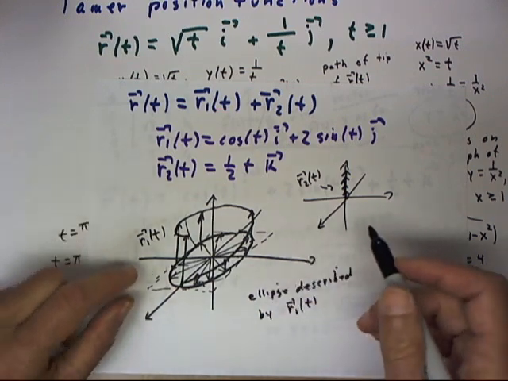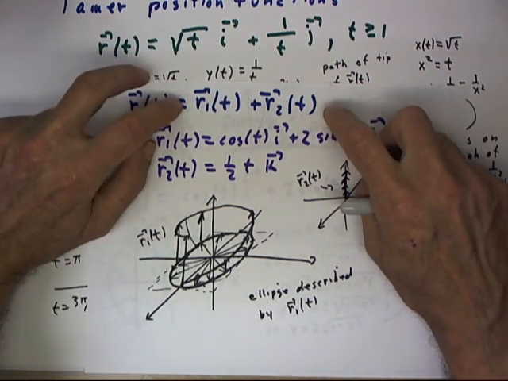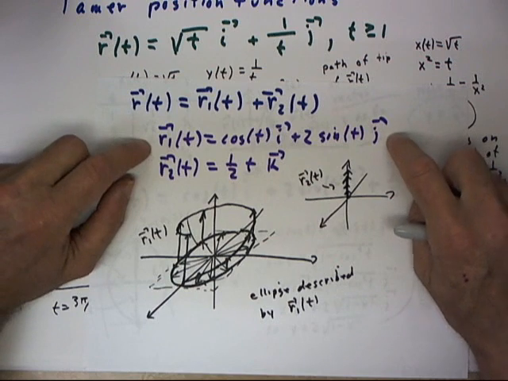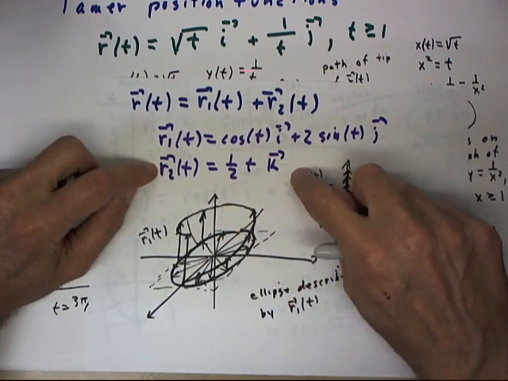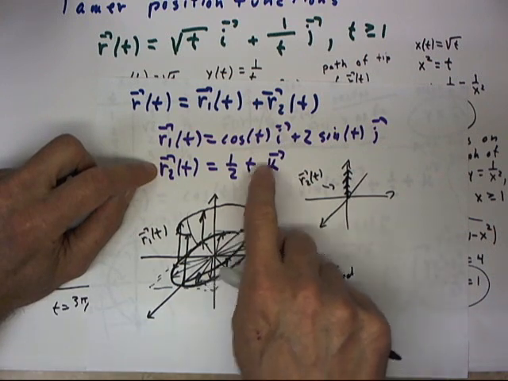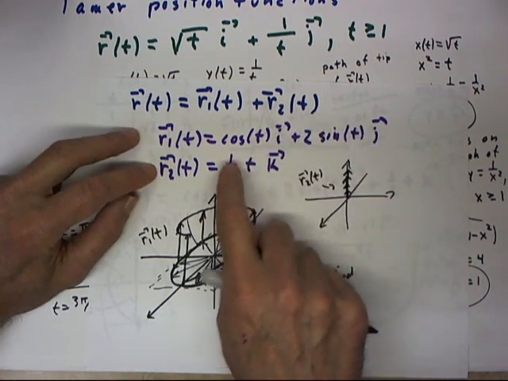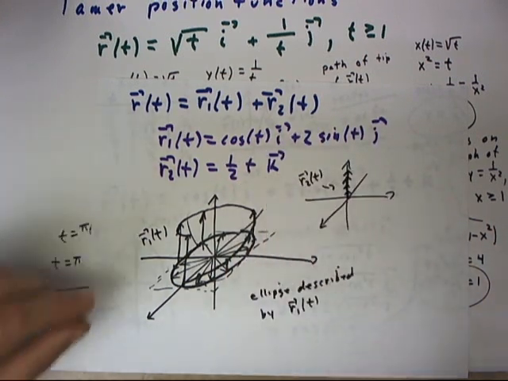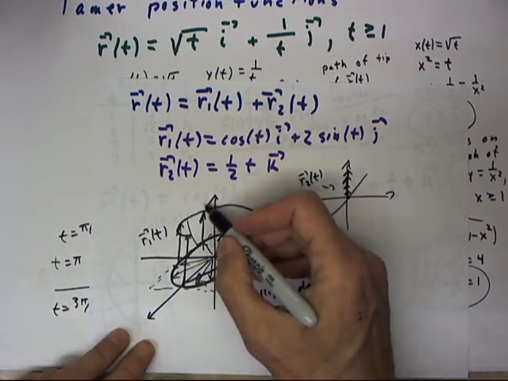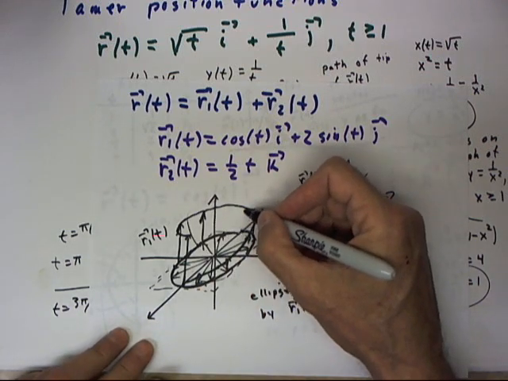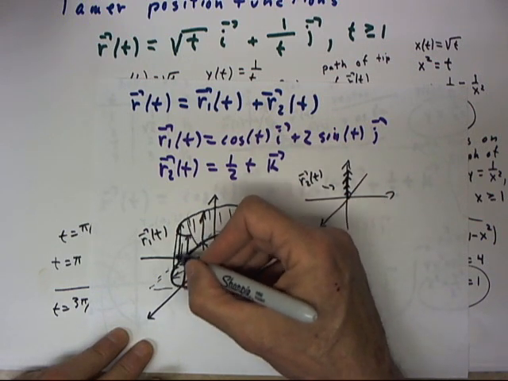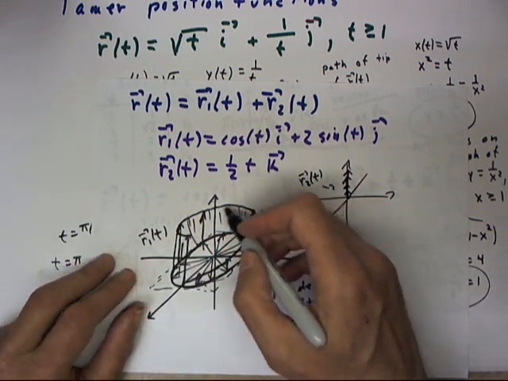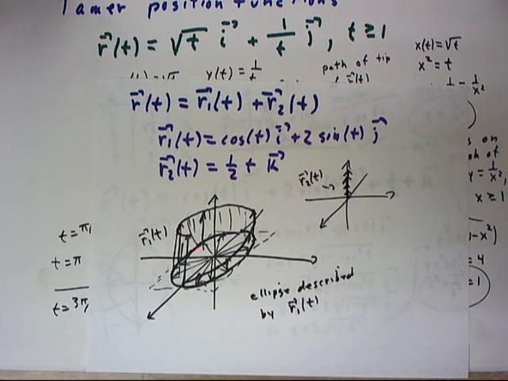So by considering our vector function just in the xy plane and then superimposing the motion implied by the tk component of our original vector, we obtain this picture. And we can fill this in, shade it a little bit, get an idea of what that path looks like.